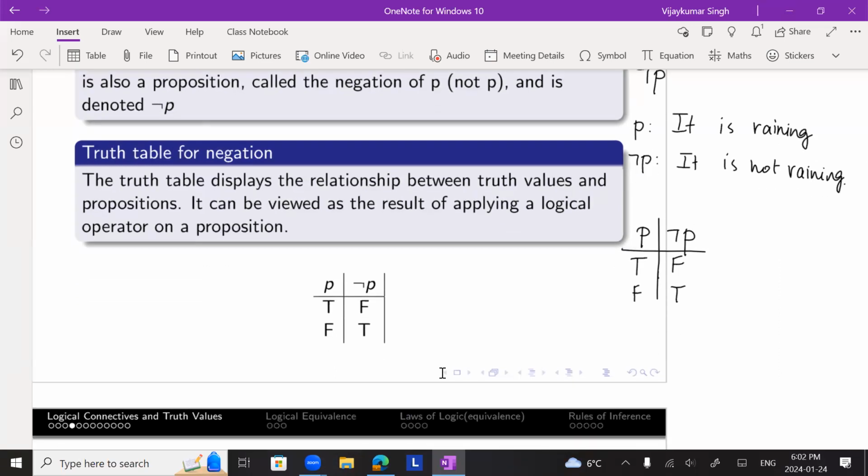The truth table basically displays the relationship between the truth values and the proposition. Another way to do this is that people take true to be 1 and false to be 0. So in that case, negative P will be 0 and this will be 1. All right. So this is the first of the logical connectors.